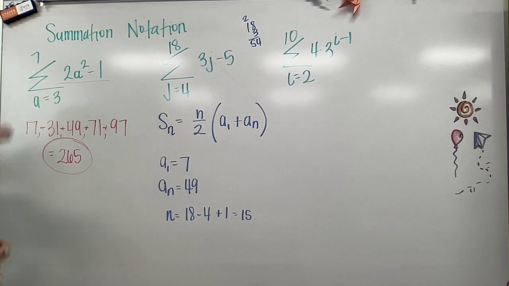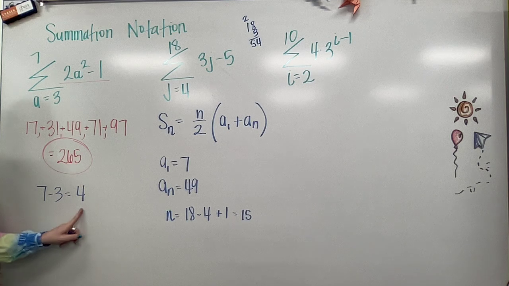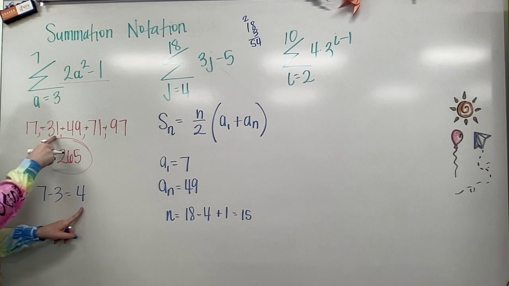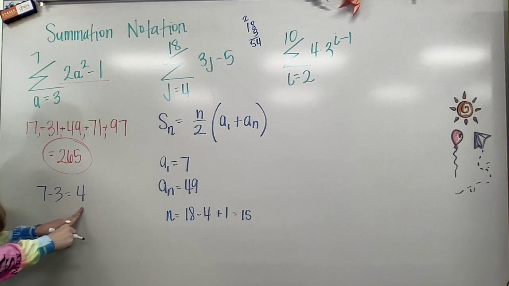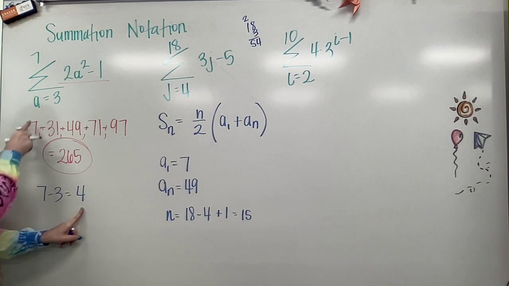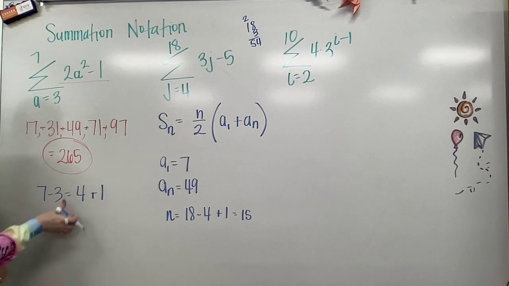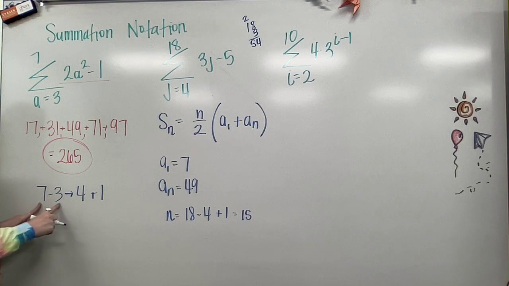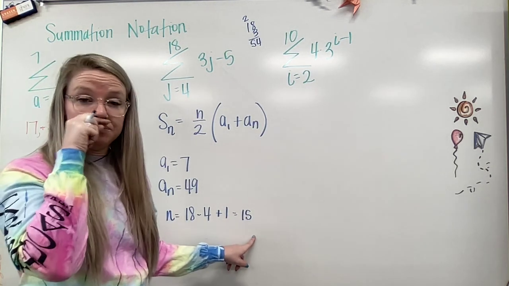If I do 7 minus 3 to figure out how many terms I have, that says I have 4 terms. But look, I plugged in 3, 4, 5, 6, and 7. That's 5 terms, but this is telling me 4. What happened is I subtracted the third term, so we have to add it back in. So we take the upper minus lower plus 1. That tells me how many terms I have.